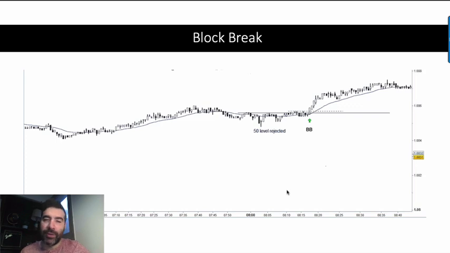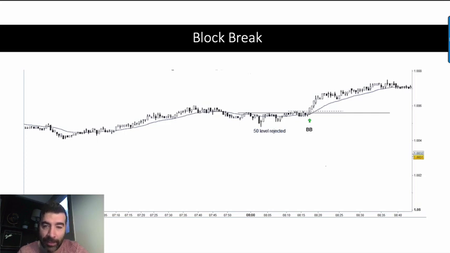Then you have something called a block break. Now, a block break is basically a small range break, and if you see Bob's charts, he would trade the block break the most. It's not too often that you have these big ranges, and in these very sideways markets, some of his more trendy, going-with-the-trend setups were not as common.